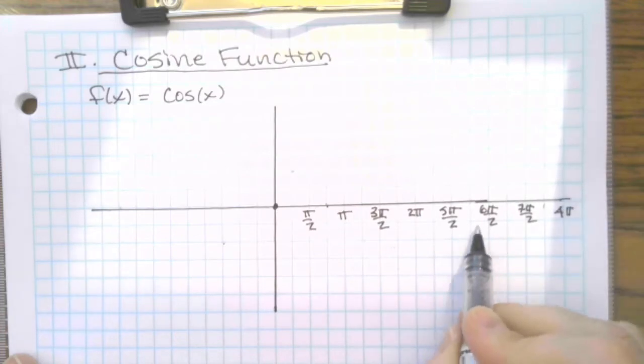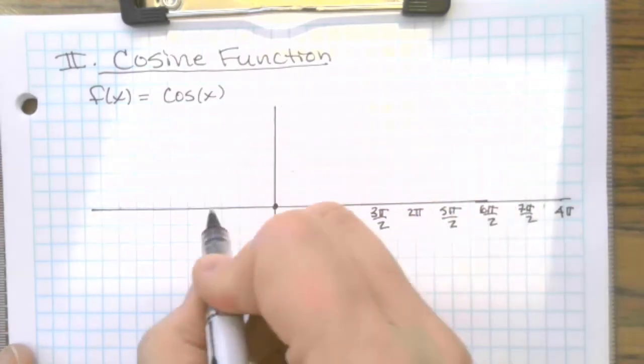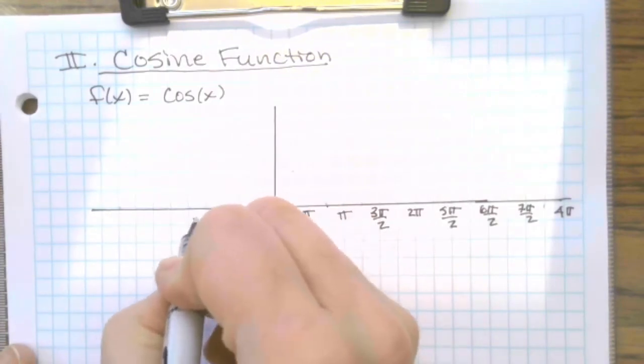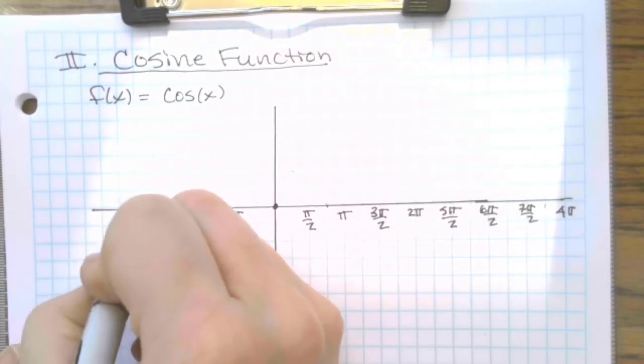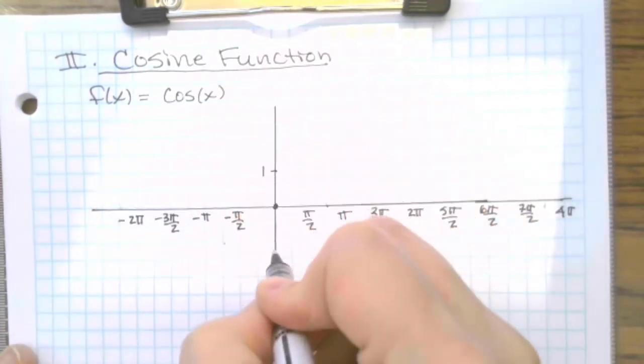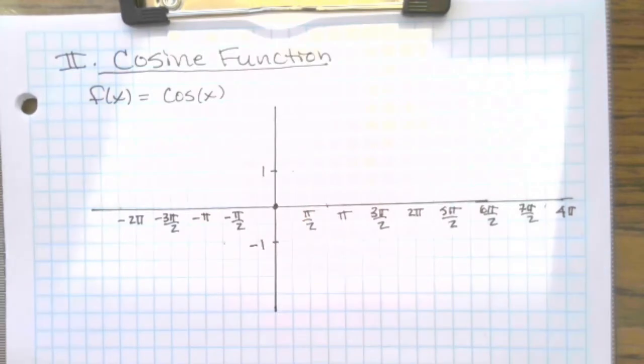That's, of course, 3 pi right here. And then to the left, negative pi over 2, negative pi, negative 3 pi over 2, negative 2 pi. And we're going to skip a line and go up 1 and down 1.